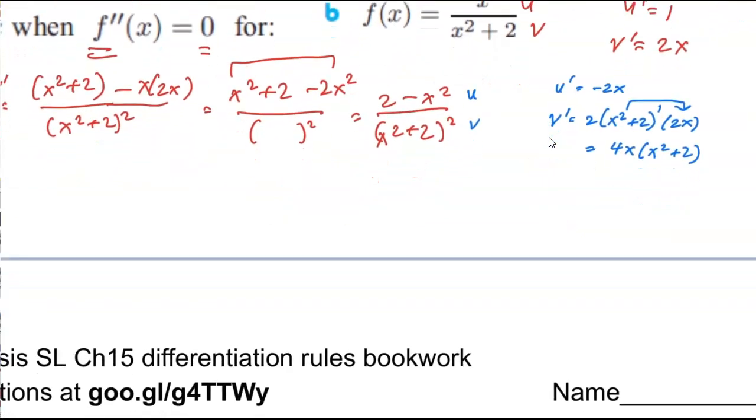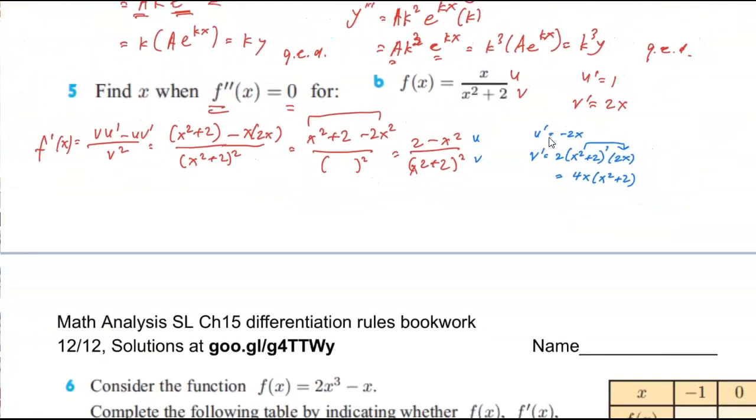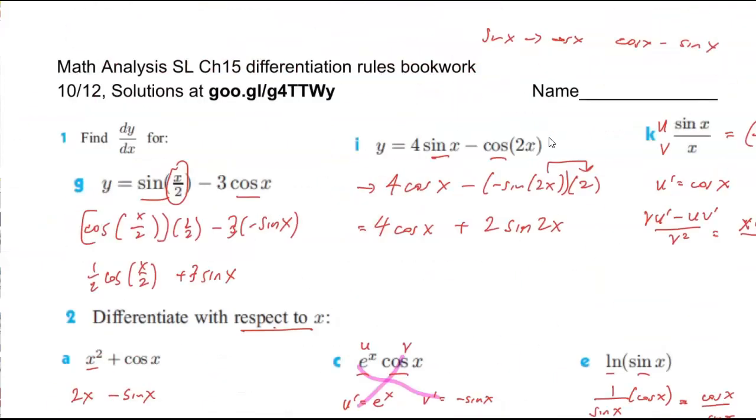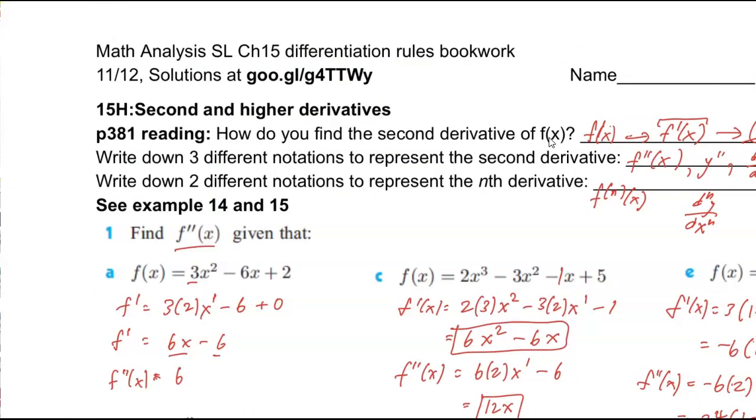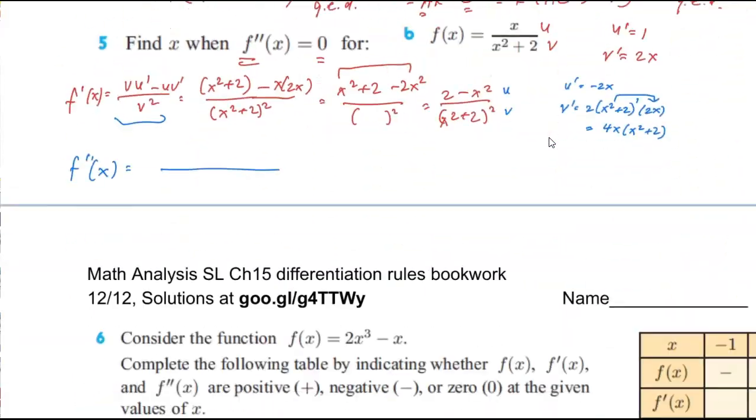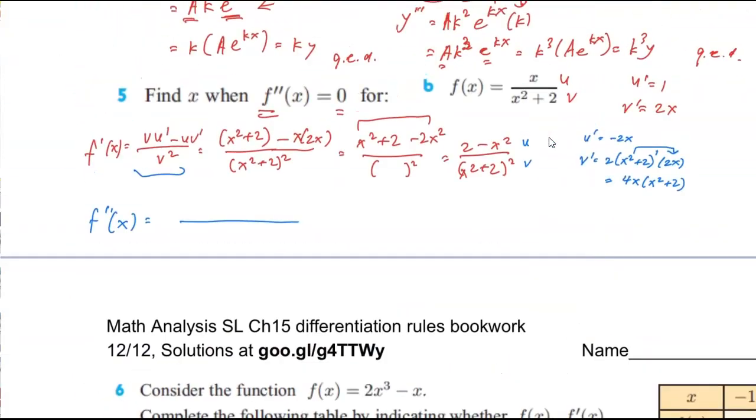Now I'm going to fill it into the quotient rule for the second derivative. On the bottom, I'm going to put x squared plus 2. Instead of squared, it would be to the fourth, because I'm squaring v.